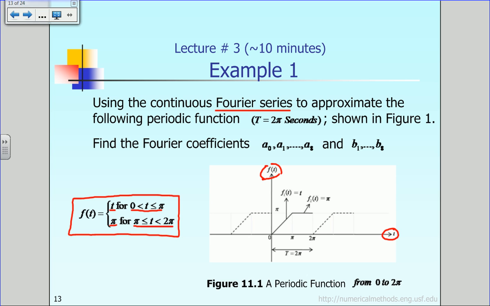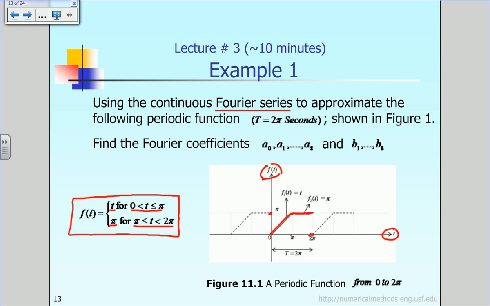As you can see, if time is between 0 and pi, then the periodic function is defined as f of t right here. And if the time is between pi and 2 pi, then the periodic function f of t is defined as a constant equal to pi. Okay?